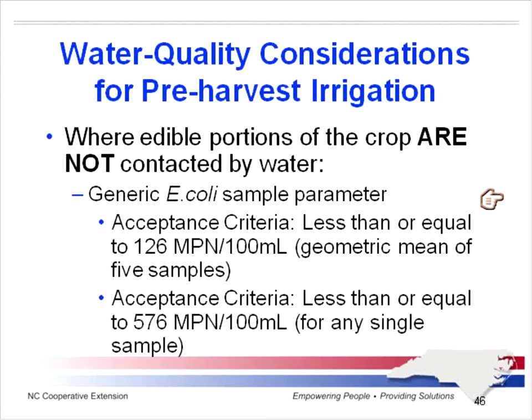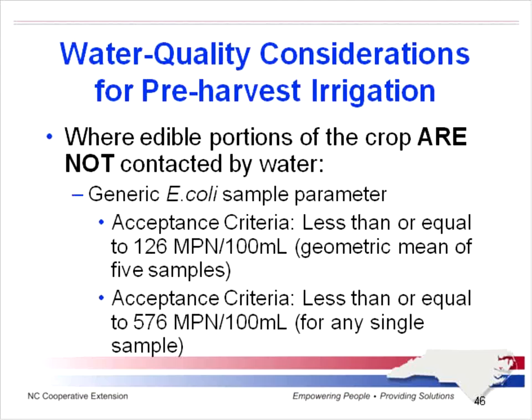So in terms of generic E. coli, we're looking at less than or equal to 126 MPN per 100 mL. And you'll notice it says geometric mean of 5 samples. So this isn't just one single test result. This should be part of your ongoing testing process.